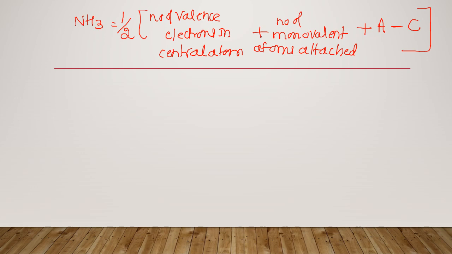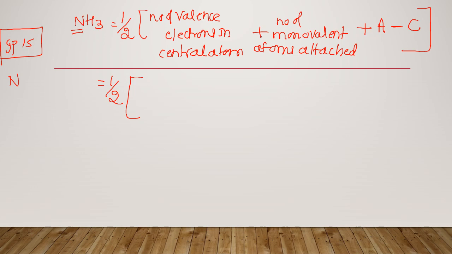Now let us calculate the type of hybridization in ammonia. See, half into number of valence electrons in a central atom. So how to identify? See here, central atom is nitrogen, isn't it? So nitrogen comes under group 15. So since it is group 15, there are 5 valence electrons.